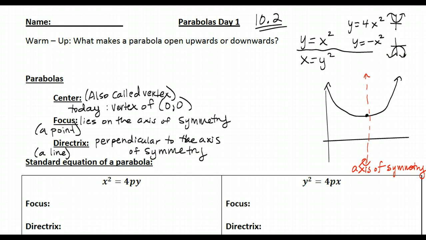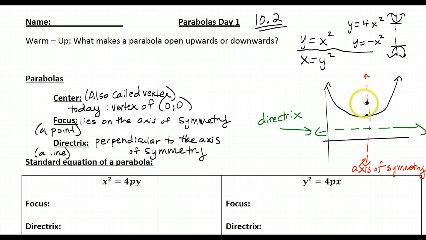And then to create the focus, the way the focus and the directrix are created is that the focus and directrix are made, so we're going to call that the directrix.